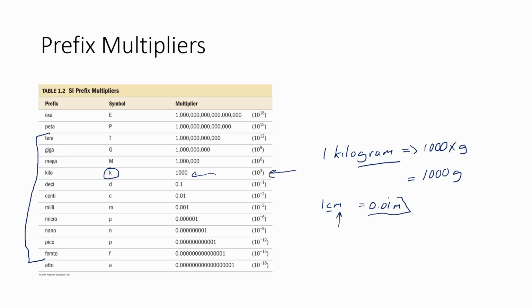So it is 0.01 of a meter. That's what centa means. Okay? So we want you to know tera through femto, and you have to memorize the symbol, like small lowercase k for kilo, lowercase c for centa, uppercase G for giga, and you have to know what the multiplier is so that you can use it when you're describing large or small numbers.